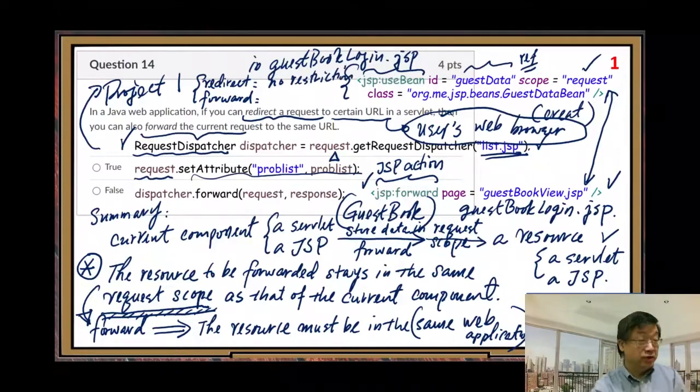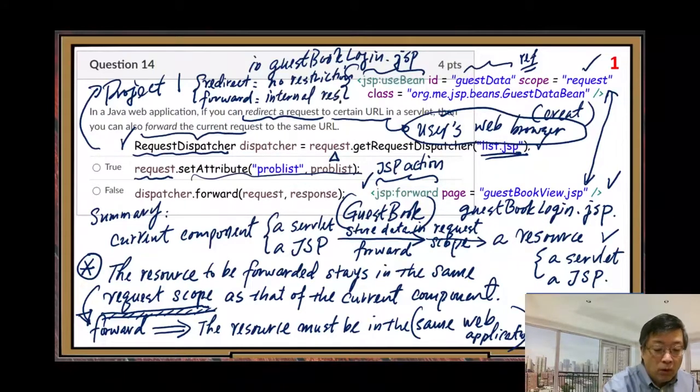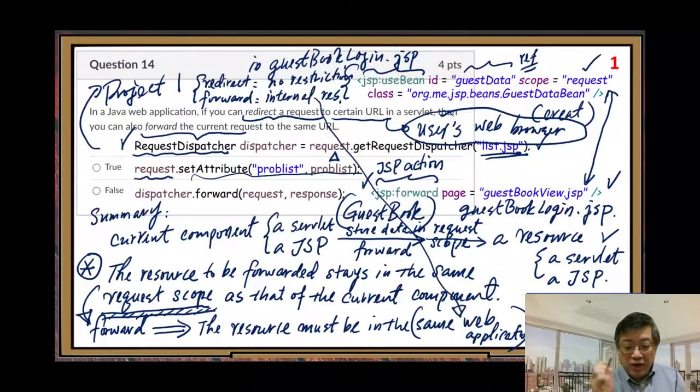Forward, you can only forward to an internal resource. Internal means the same web application; resources from the same web application, that's the internal. Redirect works for both internal and external. That's the main difference.